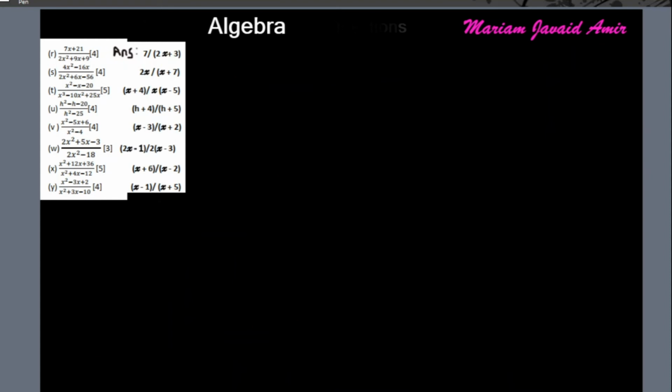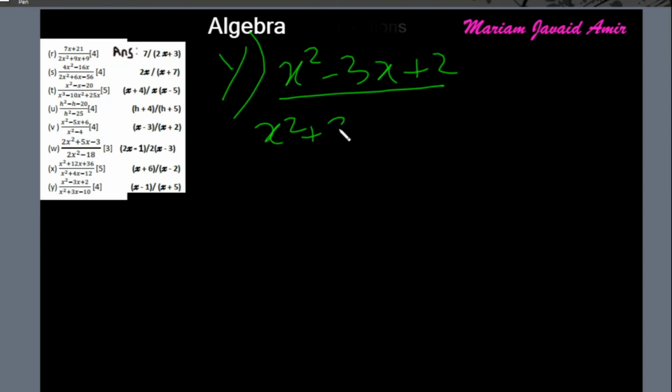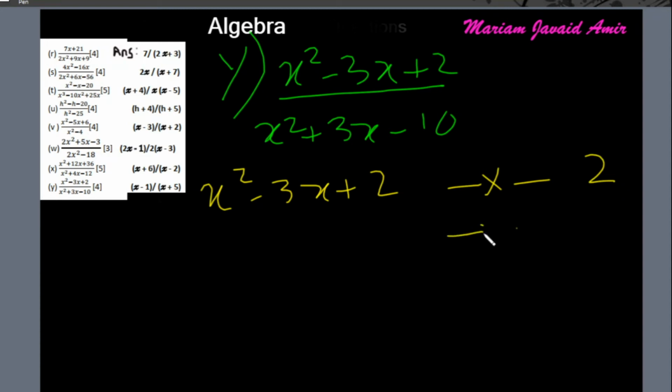Part Y is x square minus 3x plus 2 divided by x square plus 3x minus 10. So numerator first. So x square minus 3x plus 2, we're looking for two terms which when multiplied should give us 2, which when added should give us minus 3.